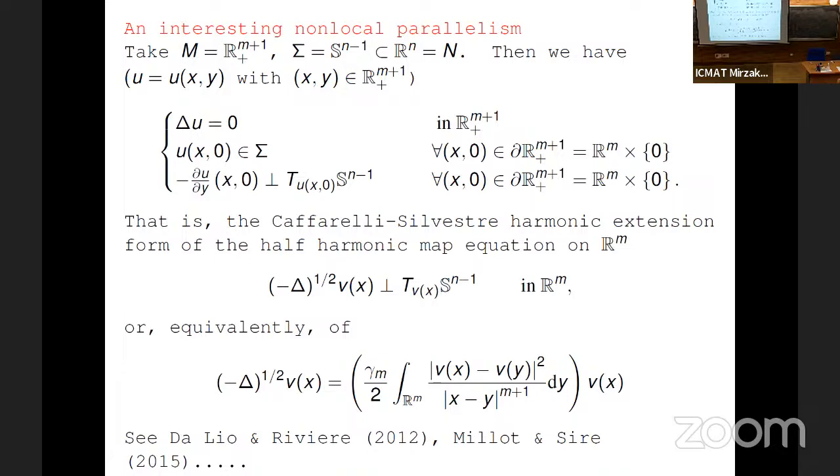So the half-harmonic map with values in the sphere turns out to verify this nonlinear equation. So essentially, you have that the half Laplacian of v should be orthogonal to the tangent at v of the sphere. And if you play with this equation and use the Caffarelli-Silvestre extension, its harmonic extension exactly verifies this system.